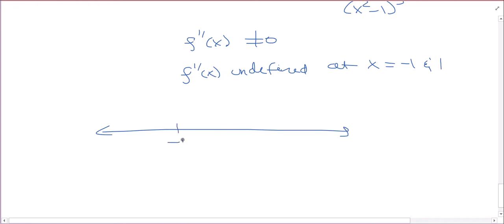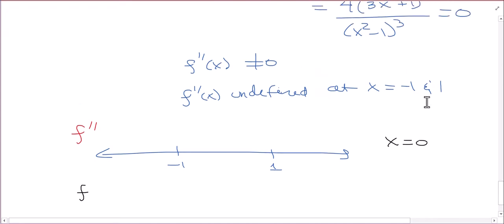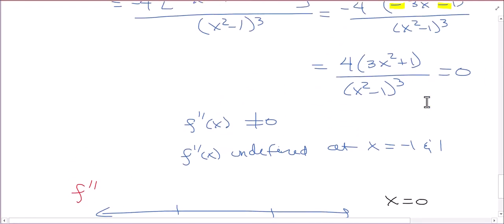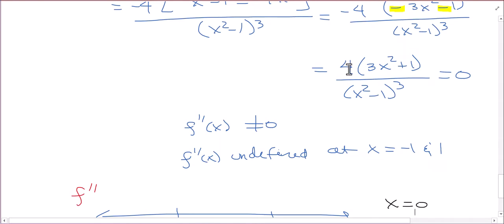So let's put our candidates for inflection points here, and same thing, we're checking now the second derivative and seeing what does the function do. So pick a test point. Let's say x equals 0. We'll use our power trick shortcut to do this one. So when x is 0, what do you get?